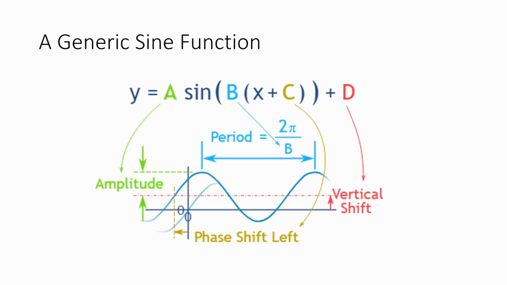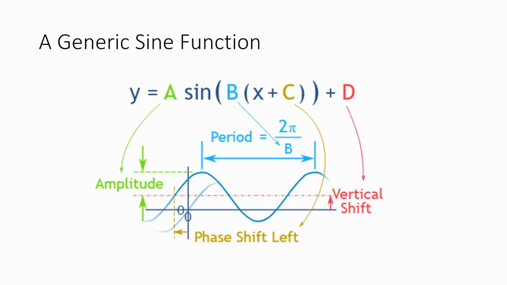A sine function by default, if you just have plain old sine theta and nothing else, is going to go through the point 0, 0. But it is more generally possible for sines to not go through the origin, but to go through any starting point, to be shifted left or right from that origin.